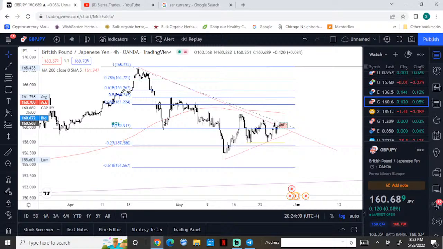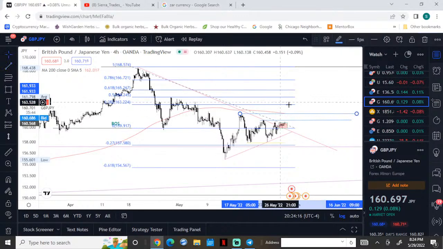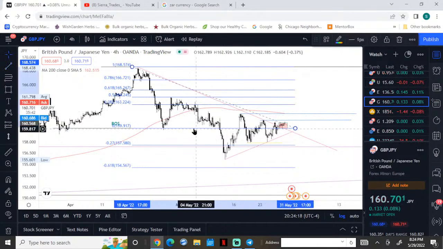I am, however, gonna mark this area right here and this right here. Right here.